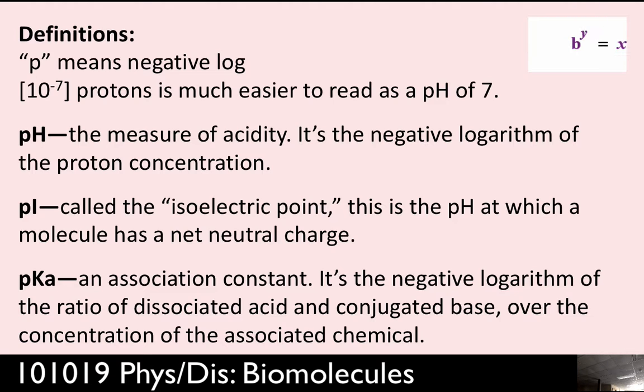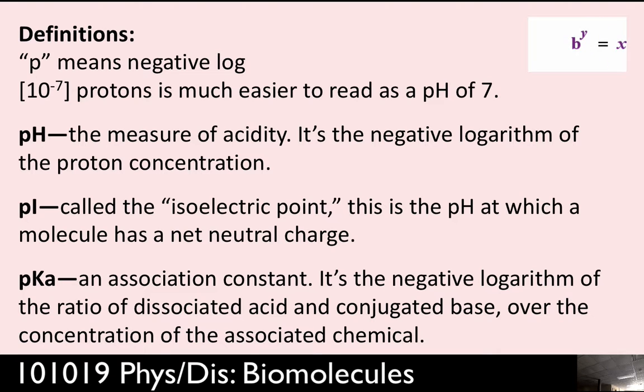In the context of this class, because there are broader definitions of an acid and base that will apply in other contexts, but within the bounds of this class, an acid, very simple, is a proton donor. It's some chemical that wants to ionize.